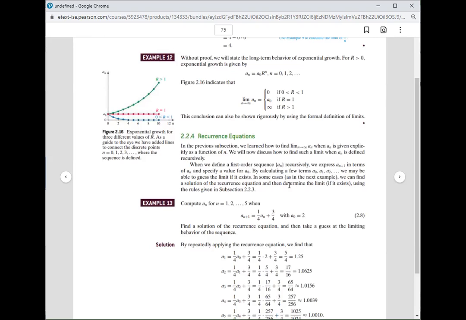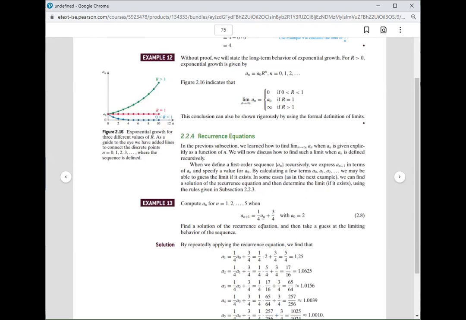In some cases, as in the next example, we can find a solution of a recurrence equation and then determine the limit, if it exists, using the rules given in the previous subsection.